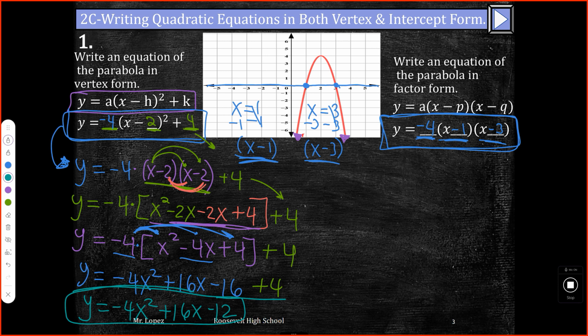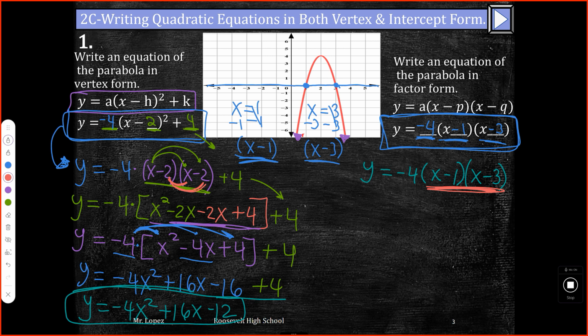Let's do the same. Let's expand the one with factor form. So let me rewrite it. What I'm going to do is also multiply these two factors.